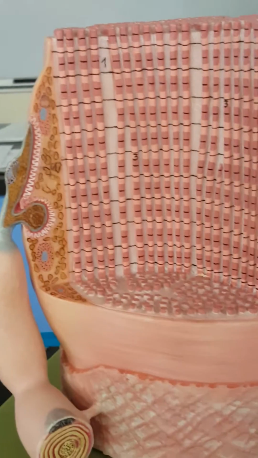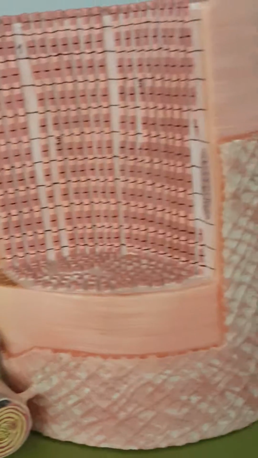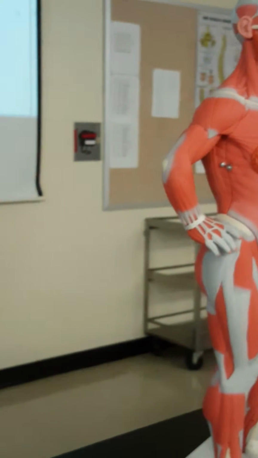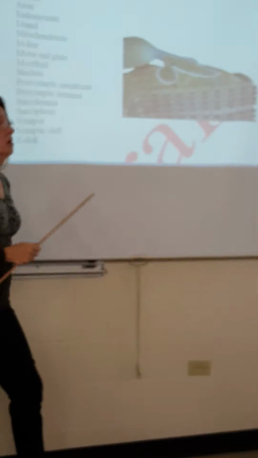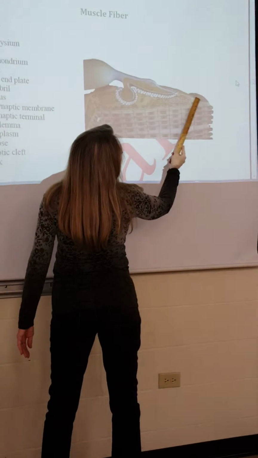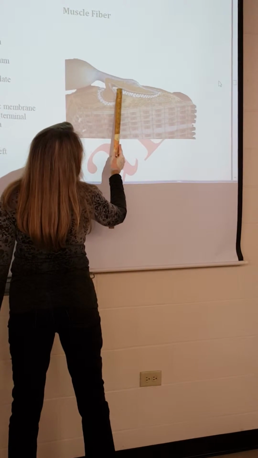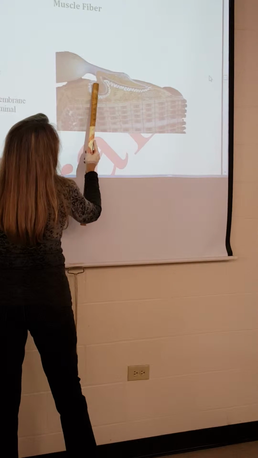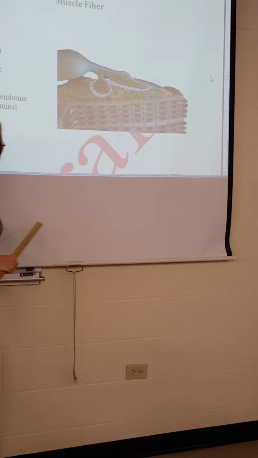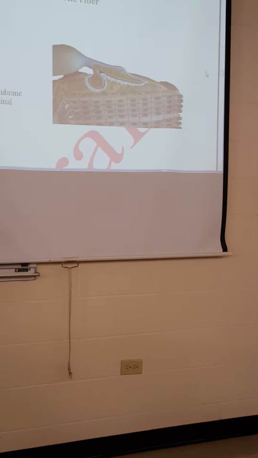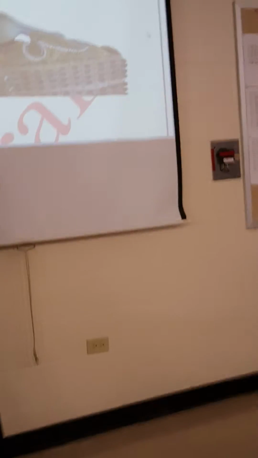Sarcolemma. Okay? So sarcolemma covers the whole outside of the cell. So this is sarcolemma, this is sarcolemma, this is sarcolemma, and we continue sarcolemma. So the membrane on the outside of the muscle cell is called the sarcolemma. Now this is that terminal bulb.